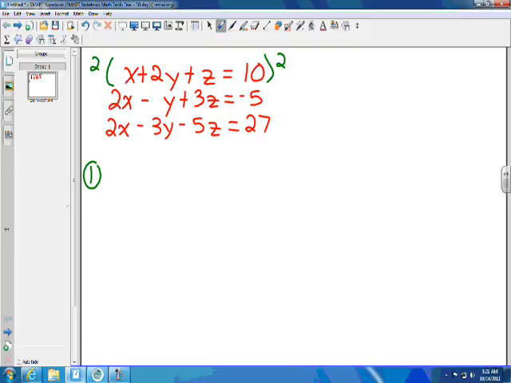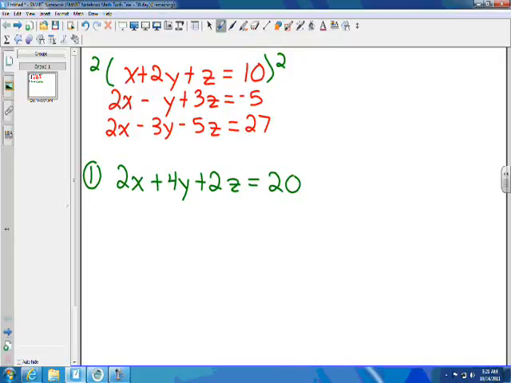Eliminate one of the variables from the top 2 equations. So that would become 2x plus 4y plus 2z equals 20. As you're doing a homework problem, I would then go back through that very thing you just did and make sure you distributed exactly as you were supposed to. 2x plus 4y plus 2z equals 20. That looks right to me.